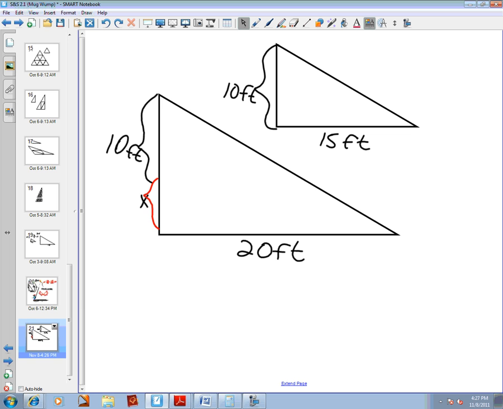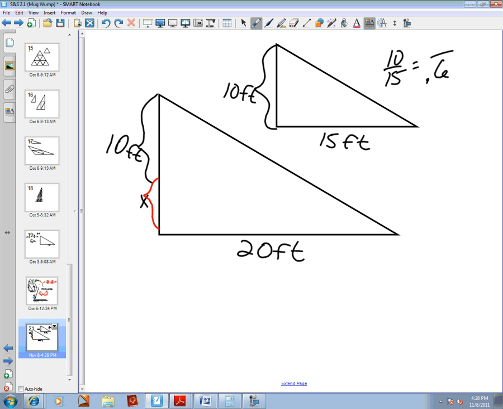So we have the 10 to 15 and the 10 plus x is 20. I'm going to do ratio. So what is 10 divided by 15? 10 divided by 15 equals 0.6 repeated. The upright leg is 2/3 the size of the base.